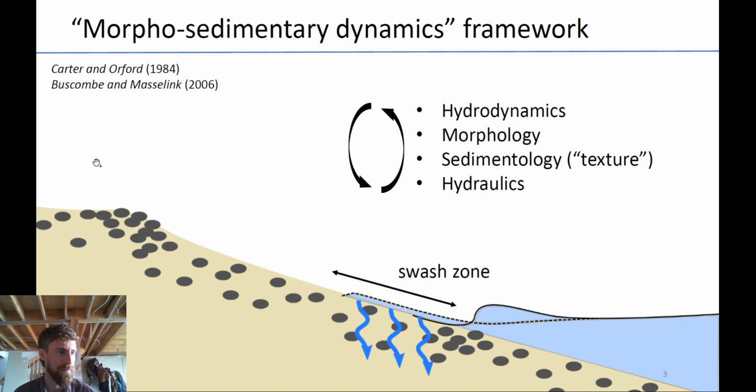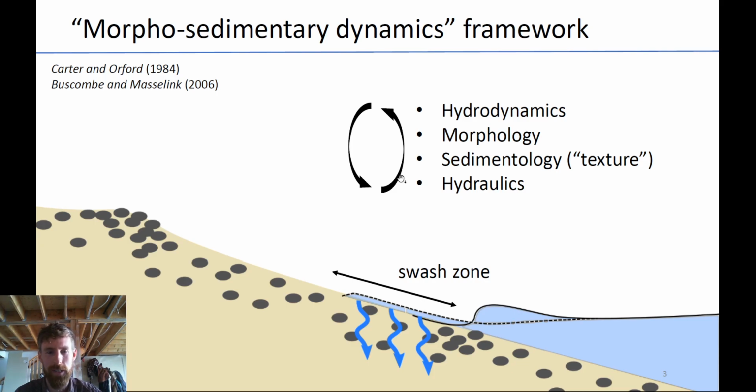And so in this sort of setup, the sedimentology or the texture and by extension the hydraulics or the properties of fluid flow through the bed are intrinsic to this feedback cycle between hydrodynamics and morphology.